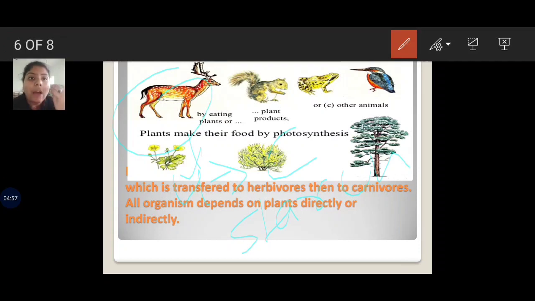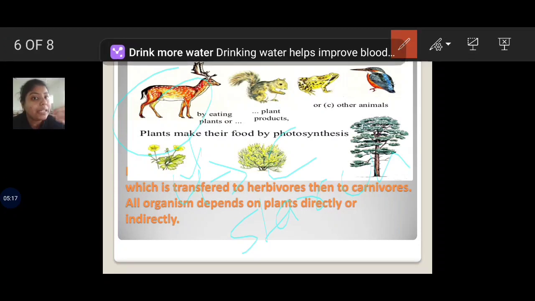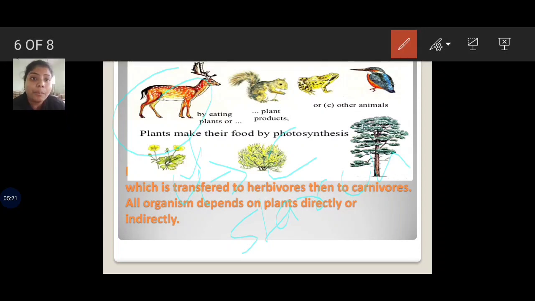That means our mouth and digestive system are modified in such a way that we can digest anything. We select our food according to our own choices. So we are omnivores, therefore we can eat plants as well as plant eaters, and in that process we get the nutrient, that is starch, from the plant.